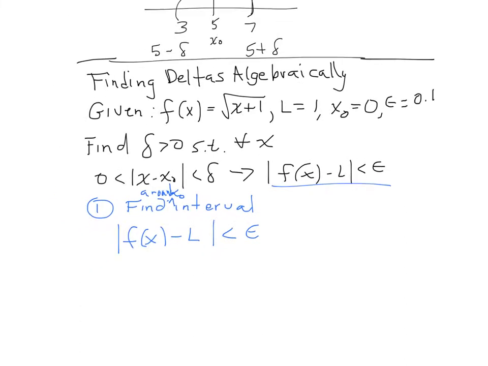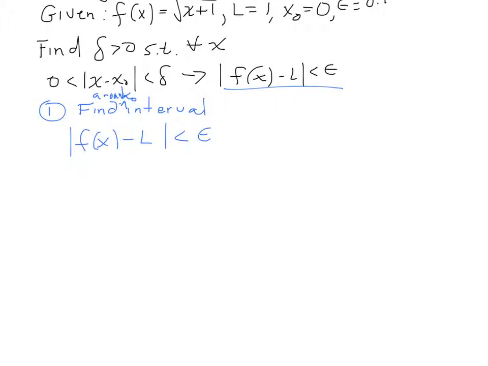Let's see if I can keep this where we can still see it. Now all I'm going to do is look up at that top line and start plugging things in. So absolute value of the square root of x plus 1 minus my limit is less than, sorry, that kind of went away, but that was 0.1.